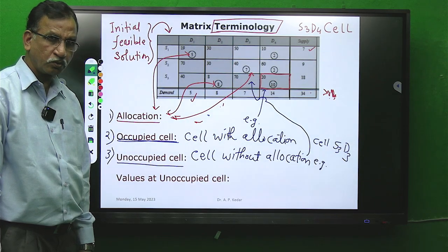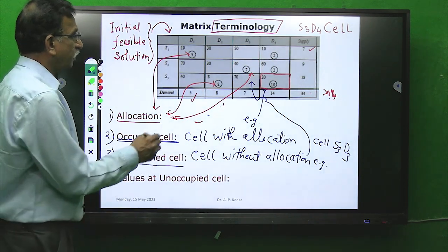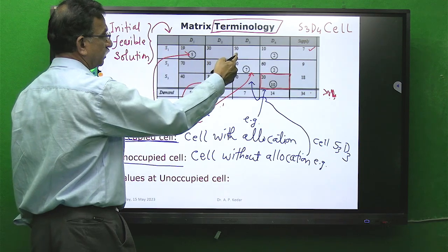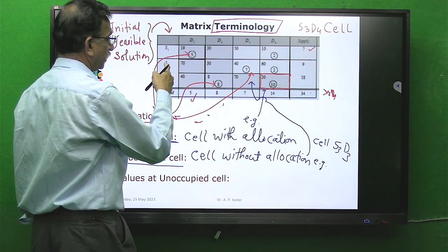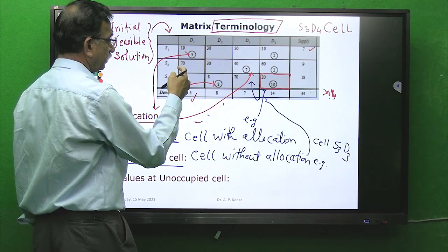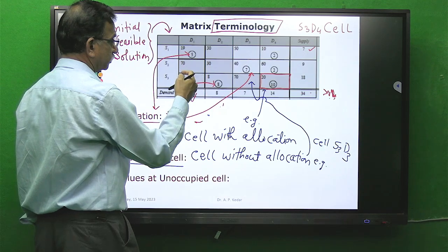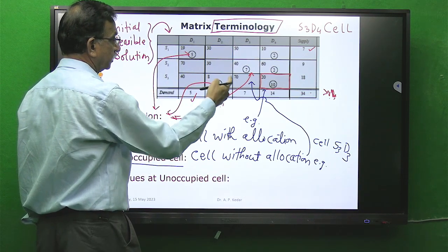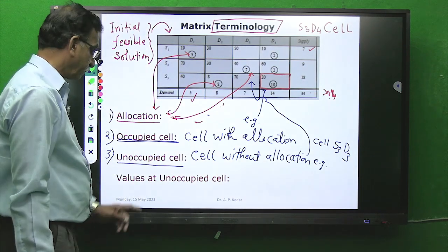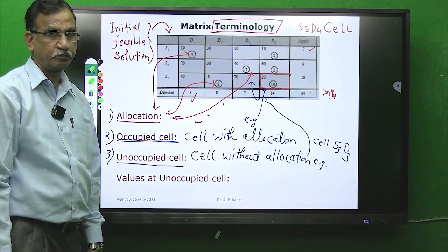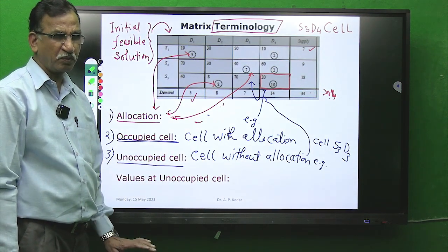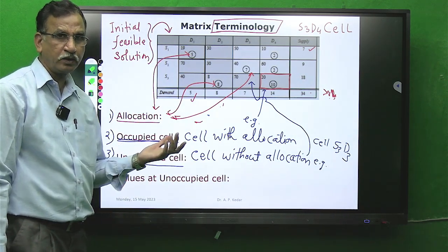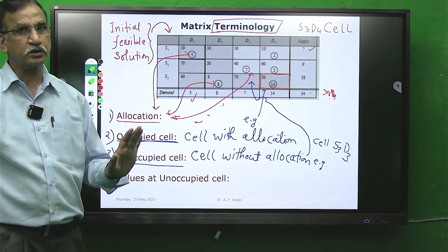So likewise we have S1D2, S1D3, S2D1, S2D2, S3D1, S3D3 as unoccupied cells. Simple how to remember: wherever there is allocation is occupied, wherever there is no allocation is unoccupied.